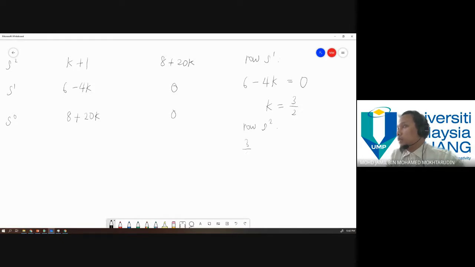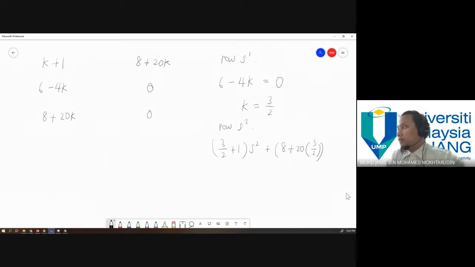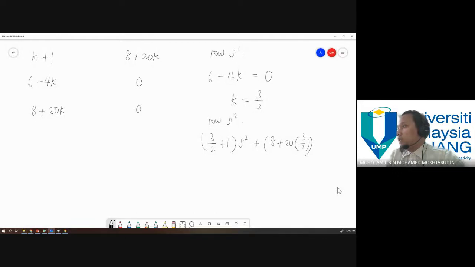So (3 over 2 plus 1) times S squared plus 8 plus 20 times 3 over 2 equals 0. Okay, simplify. So here you get 2.5 S squared plus 38.